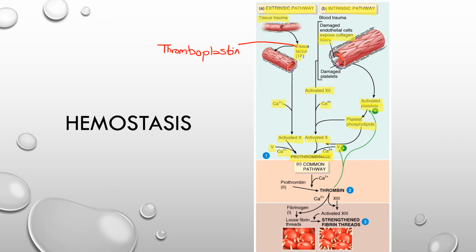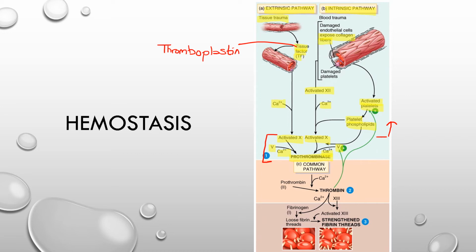So down here, the two pathways are very similar. It's everything above this line that is different between the extrinsic and intrinsic pathways. The activation of prothrombinase is the completion of both the extrinsic and intrinsic pathways.